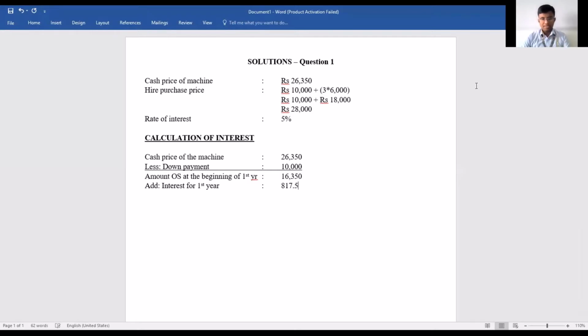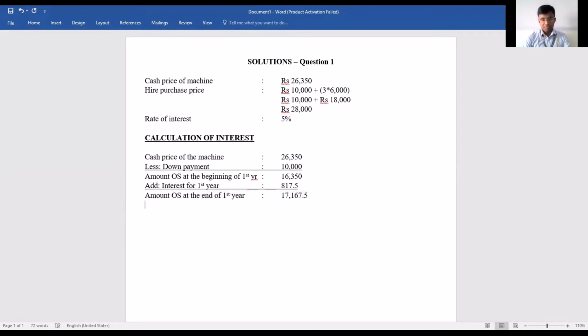So what happens is the amount outstanding at the end of first year is 17,167.5.